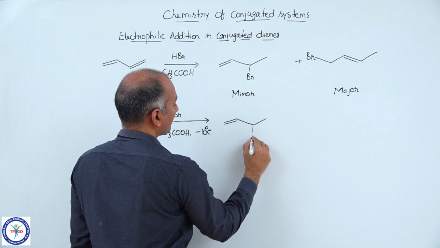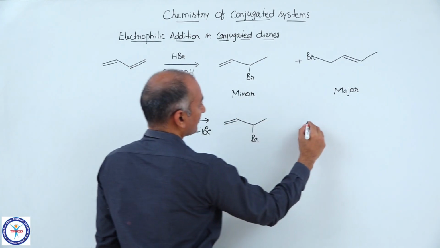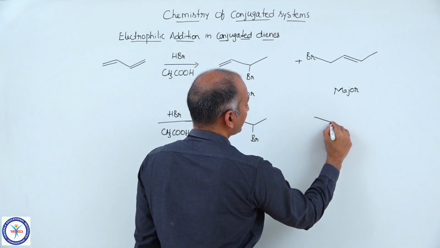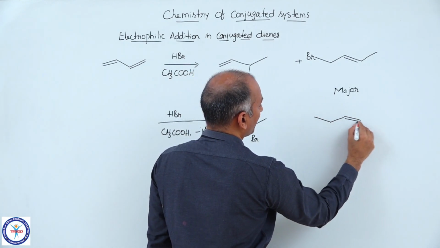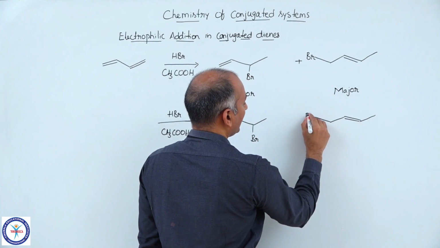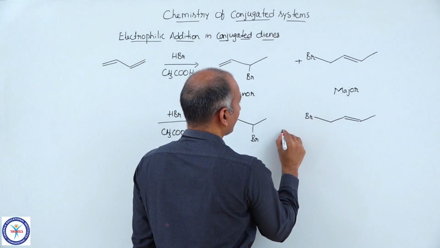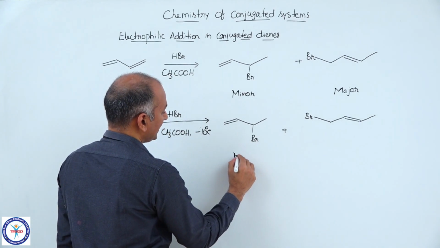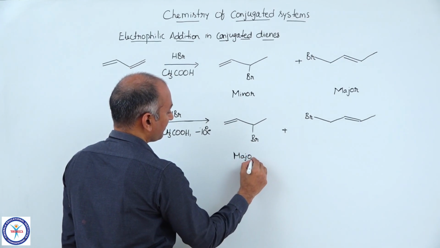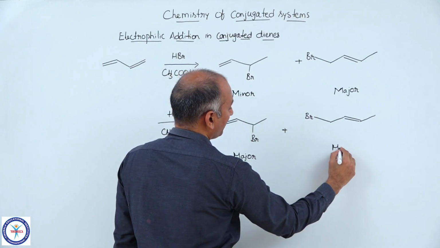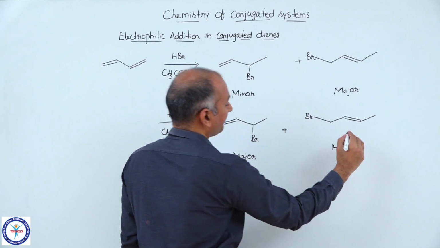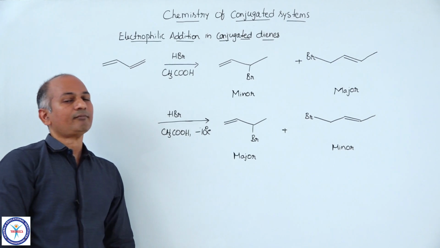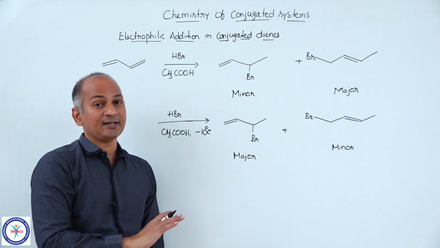One is this compound, the same mixture of the same two products, and here Br. Now at this temperature this is found to be major and this is found to be minor. Now that is the result.